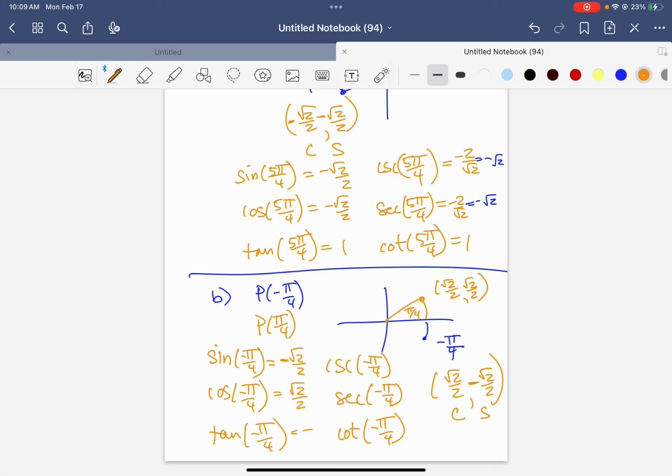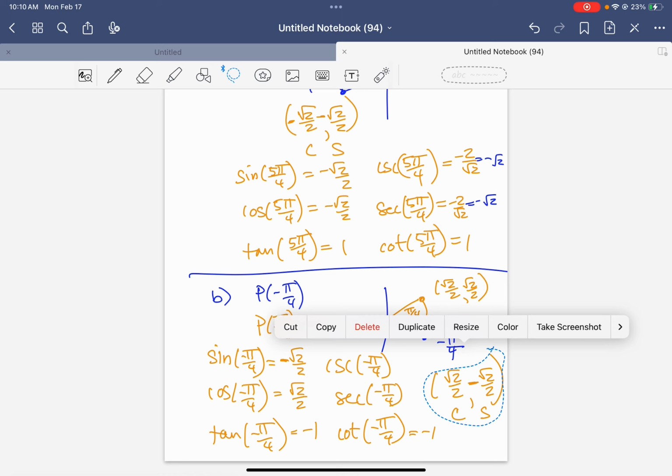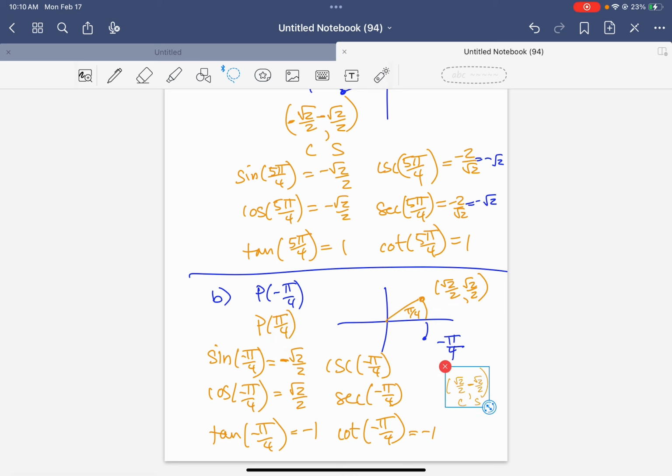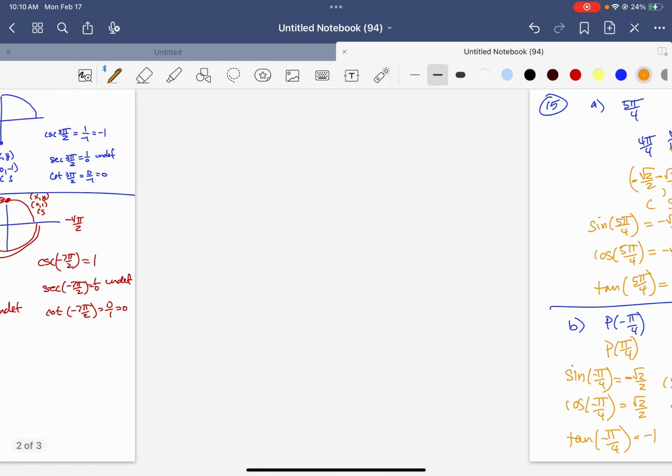So this is going to be negative 1. So is this. I'm going to resize that to give myself a little bit of room, and put it right here. Then this one is going to end up being 2 over negative root 2, which is negative root 2. This is 2 over root 2, which is root 2. And we're done with 15.